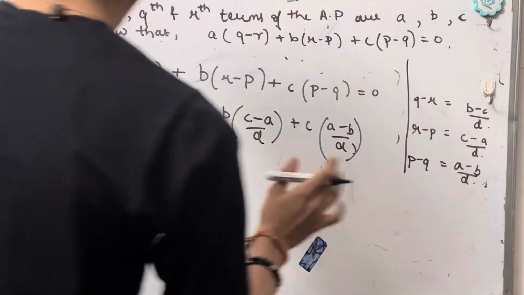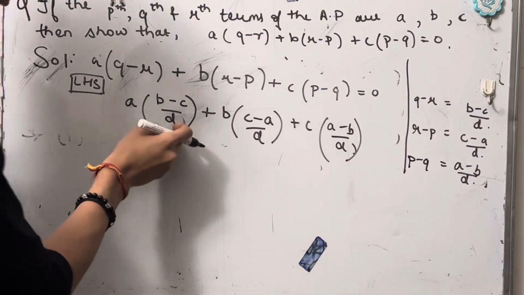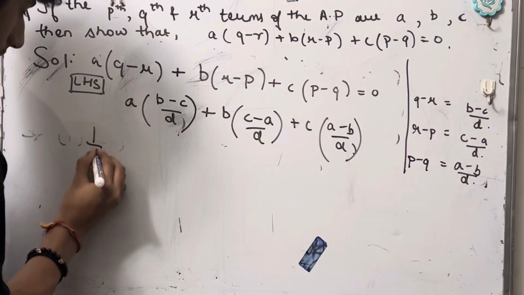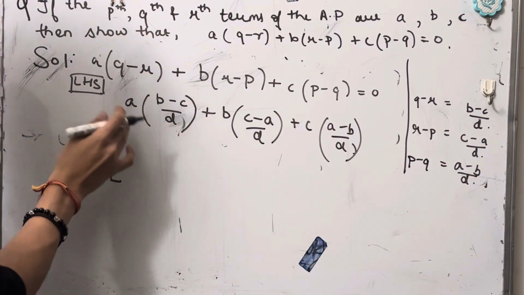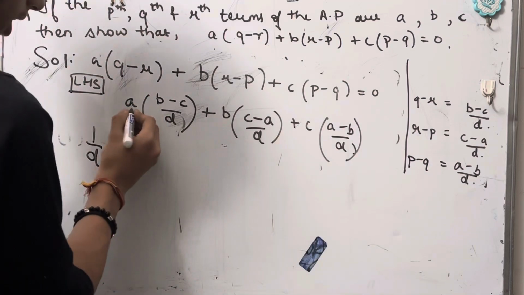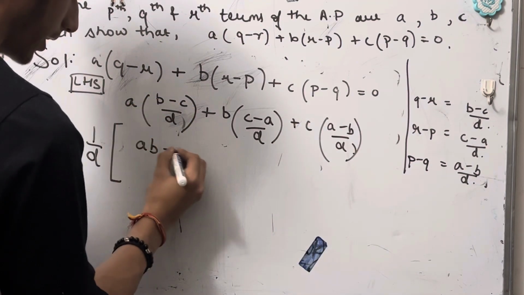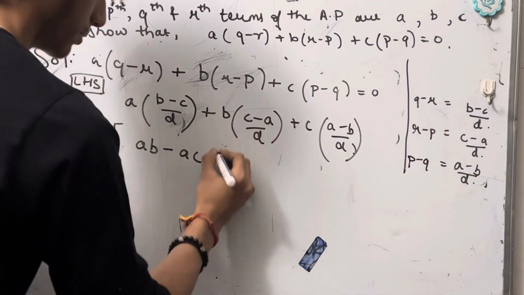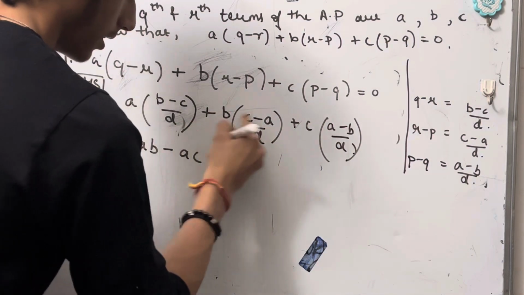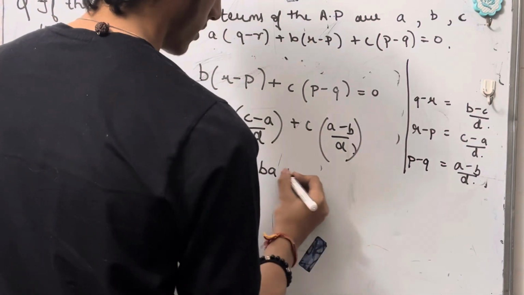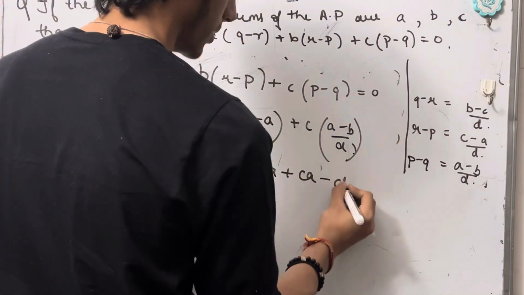I've got this. Now when I solve this, I can take 1 upon D as common, so 1 upon D will come out. Now I will add a bracket and multiply: AB minus AC plus BC minus BA plus CA minus CB.